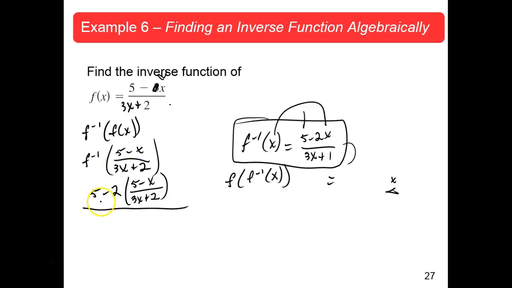Over, what's the next thing that the f inverse does? Did I hear a 3? 3 times 5 minus x over 3x plus 2. What's the last thing the f inverse does?